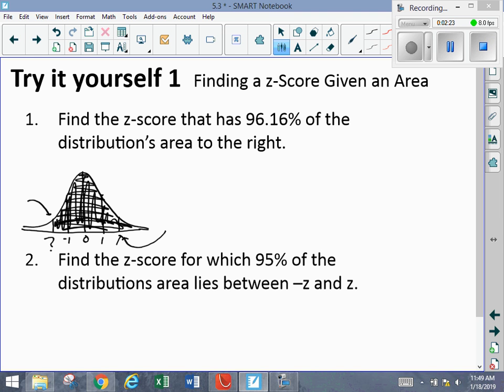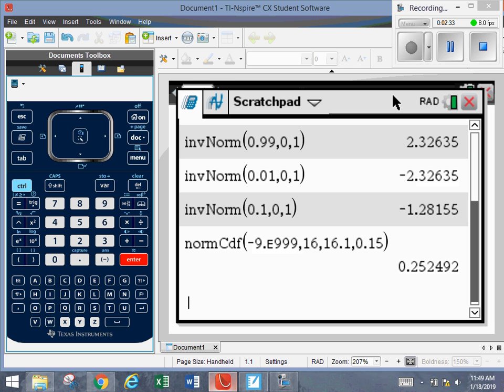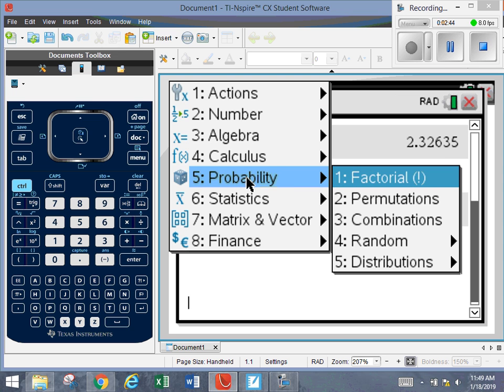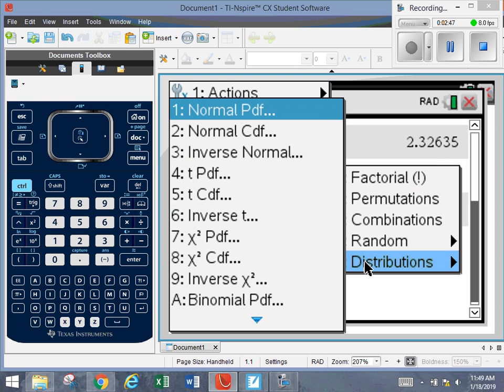Let's find the z-score for 96.16%. This is how we're going to do it. We're going to use our handy-dandy calculator. We hit menu, probability, distributions, and we choose inverse normal.